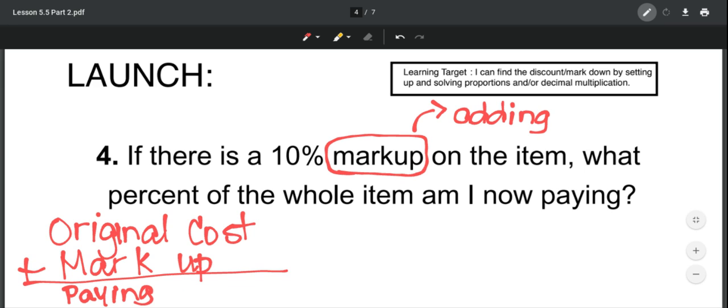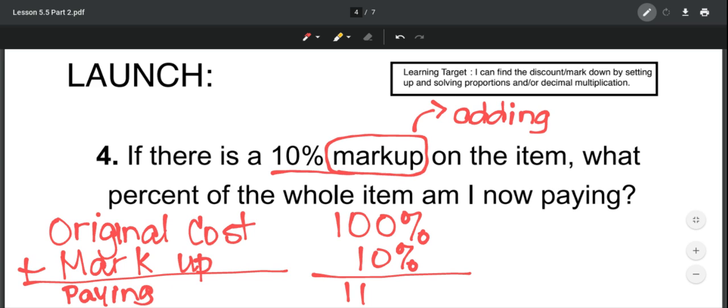Once that sweater is not sold, then that's when they start giving discounts. So if we were to see this in terms of percents, again, the original cost would be represented as 100%. The markup here is a 10% markup. So what you are paying is 110% of the original item.